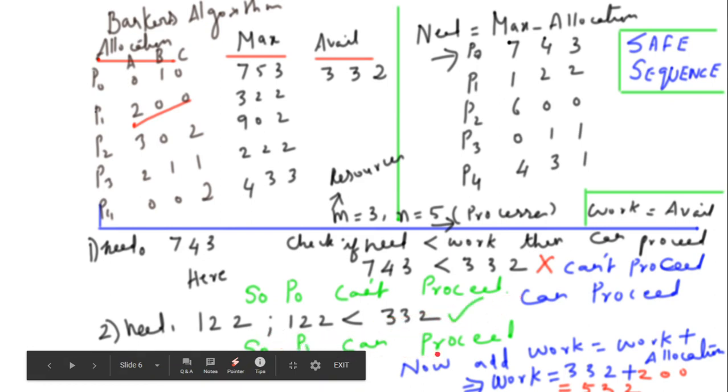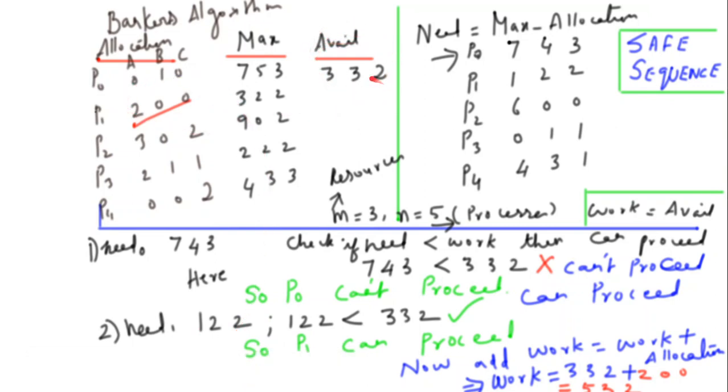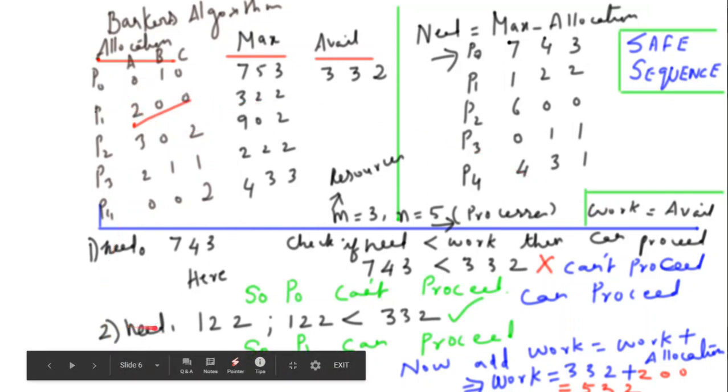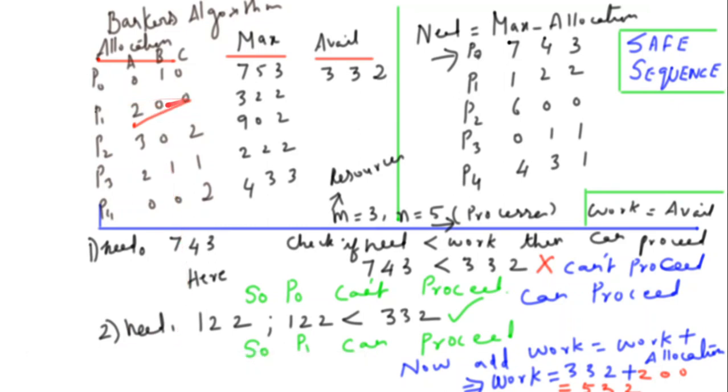After P1 can proceed, we have to add the allocated resources of P1 to the existing available resources. Every time a process is allocated, we add the allocated resources to the available resources, which is the work. Since we are considering P1, we have to add its allocation value.